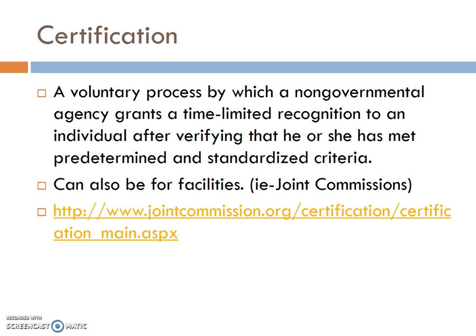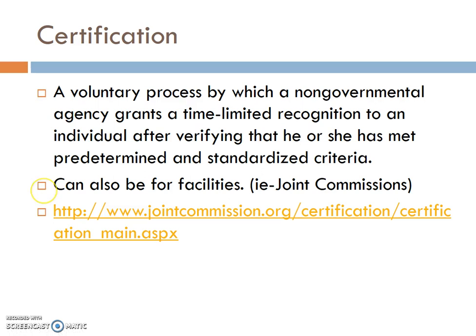All right, certification we talked about, a voluntary process by which a non-governmental agency grants a time-limited recognition to an individual after verifying that he or she has met predetermined standardized criteria. So it can be to an individual, like it says here in the first bullet, or it can also be for facilities.